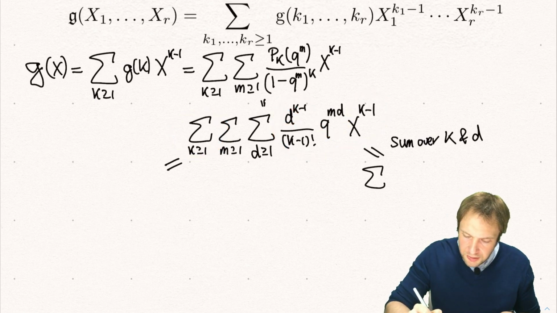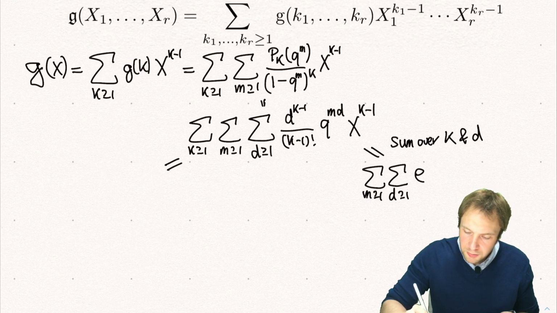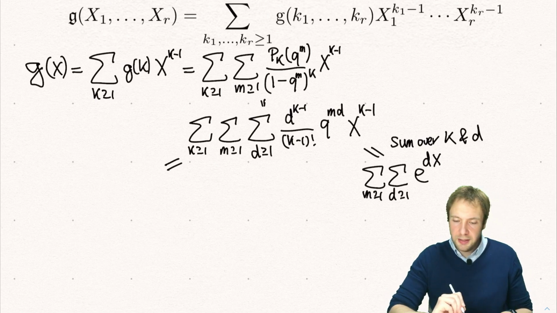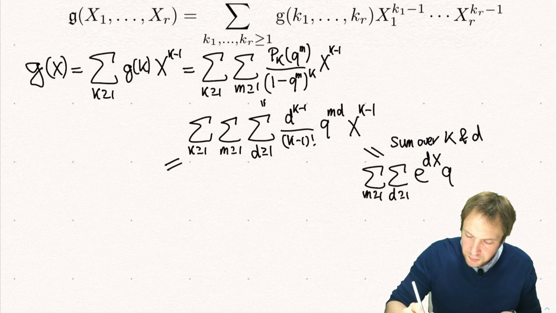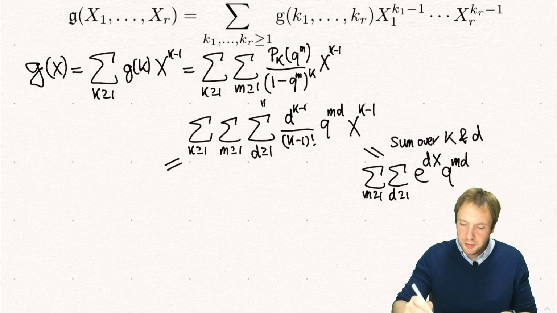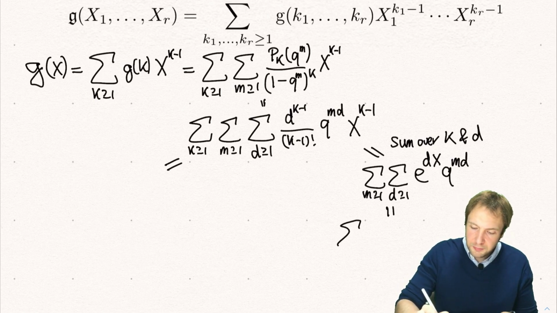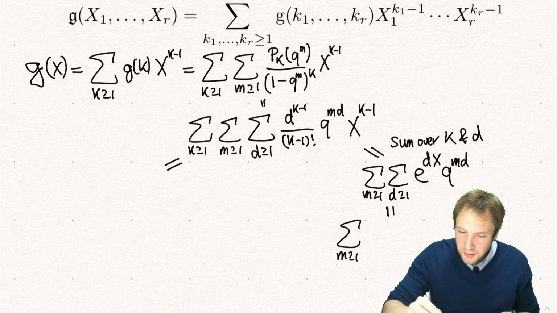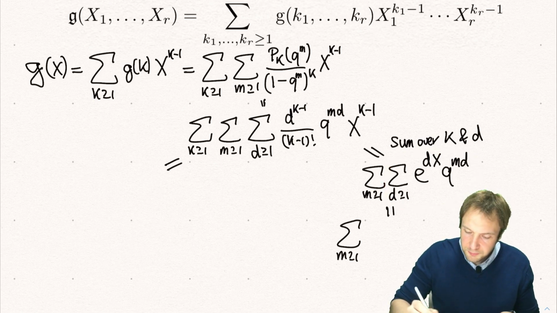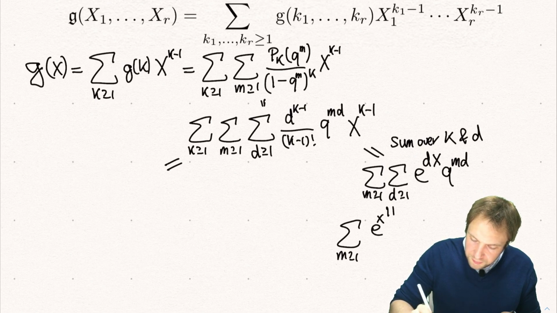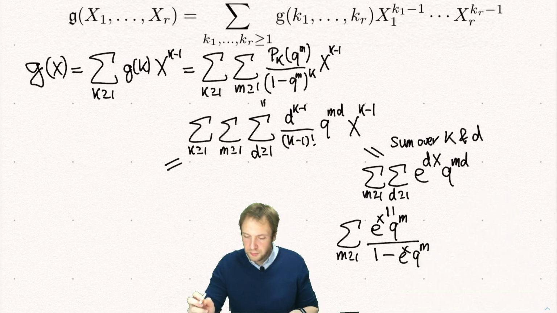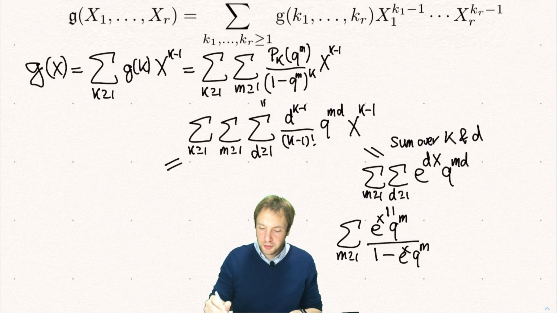So the m sum is still there, the d sum is still there, and then I have the exponential where I plug in dx, and then I still have this q md. If I take the sum over d now, this is just a geometric series. So this is e to the x times q to the m divided by 1 minus e to the x q to the m. So this is one explicit formula for the generating series gx.